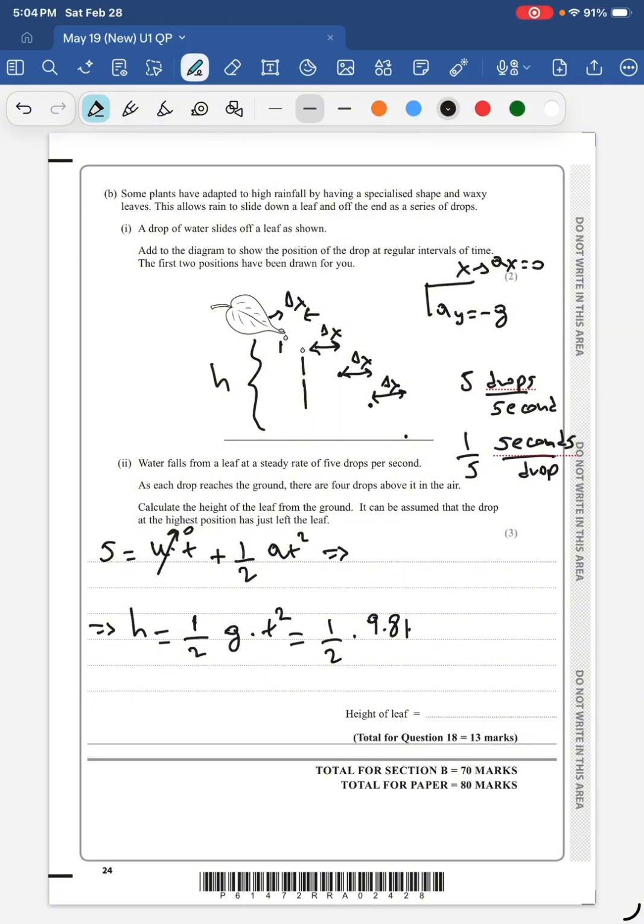For one drop. And there are 4 drops, so 4 times 1/5 pretty much. Okay, so the time is 4 times 1/5, squared. Or 3.14 meters. I hope this makes sense.